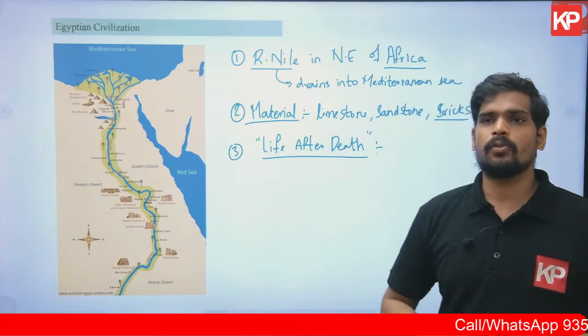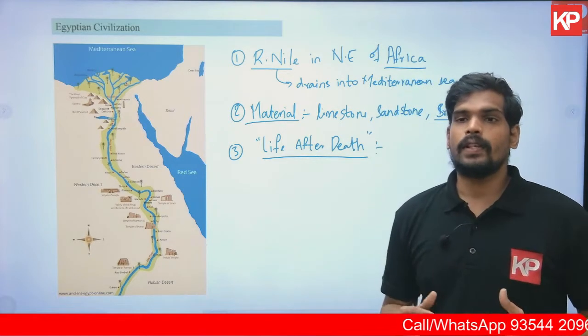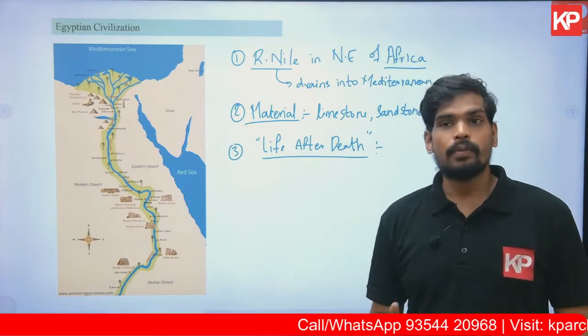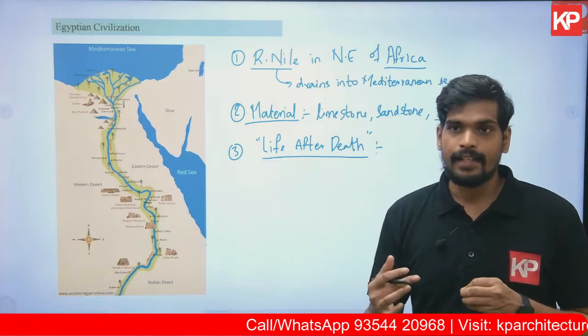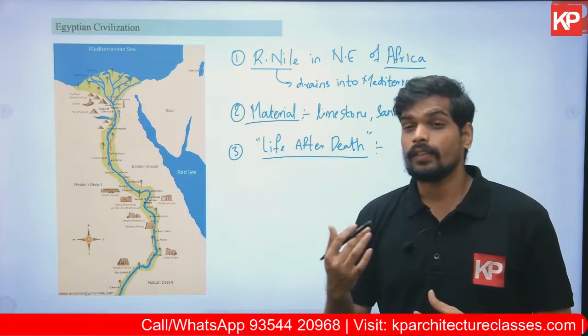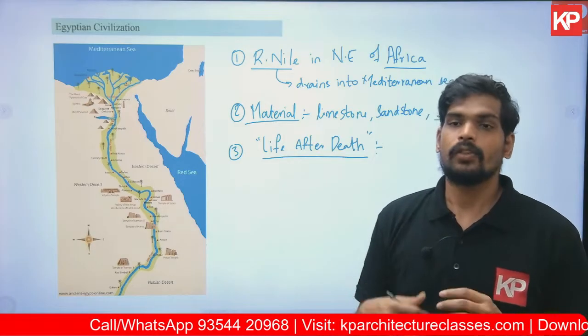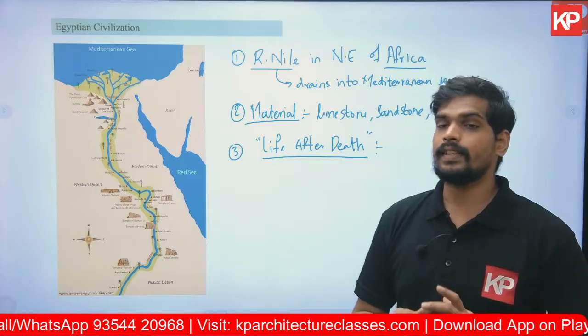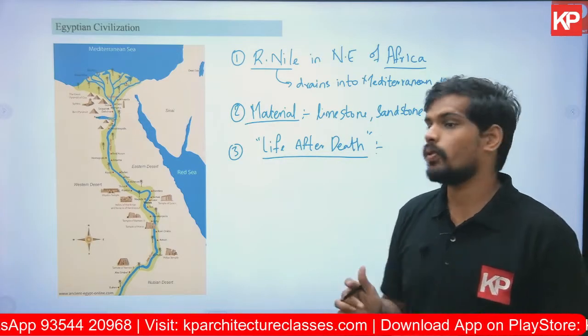So ancient Egyptians used to mummify the bodies of dead people, and they used to store them in these elaborately designed tombs, specifically for the kings and royals of ancient Egypt. The rulers were known as pharaohs. The ancient Egyptian pharaohs were given a lot of importance, and after their death, the bodies were mummified and stored in the tombs.